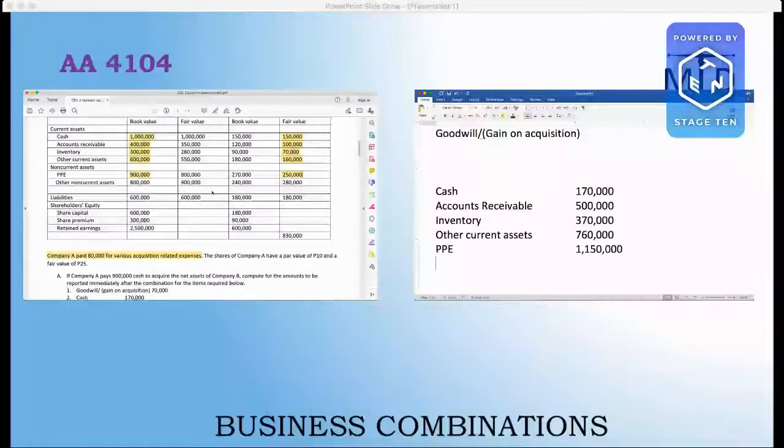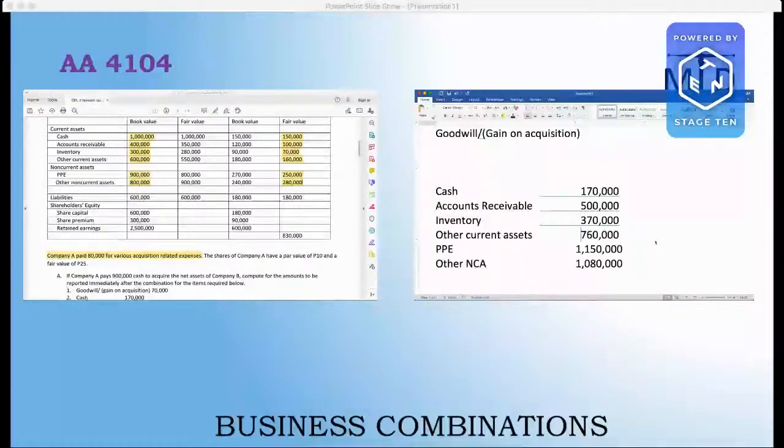And then your other non-current assets in the amount of 800,000 and 280,000 for the non-current assets of the acquiree, which would give us 1,080,000. Okay. And so that should be your answer, class, if you are asked for the combined amounts.